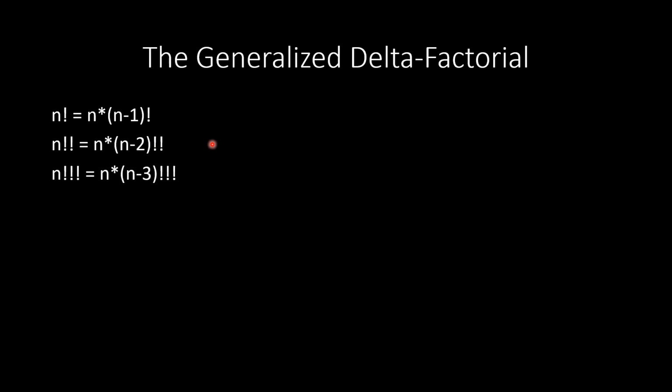Continuing on, we also find that n triple factorial equals n times (n minus 3) with 3 factorial signs. This continues on and on until we get the delta factorial, where delta is the number of factorial signs, and n delta factorial is equal to n times (n minus delta) delta factorial.